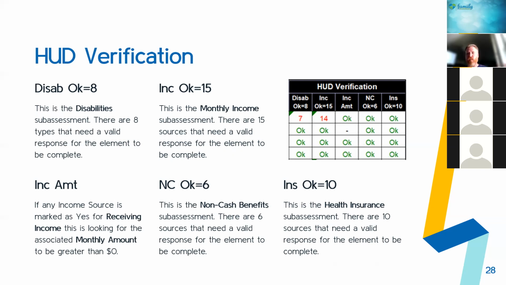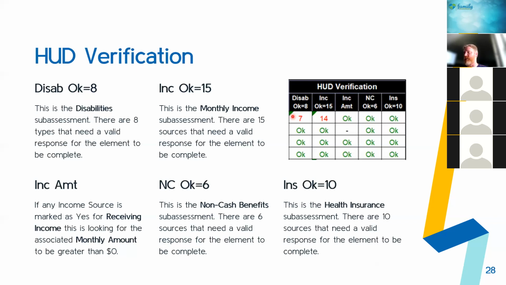So with these, there are a number of responses that the report is looking for. So the OK equals is telling you how many responses there should be, how many of those responses from the HUD verification window you should be seeing. Disabilities is 8, income 15, non-cash benefits is 6, and health insurance is 10.